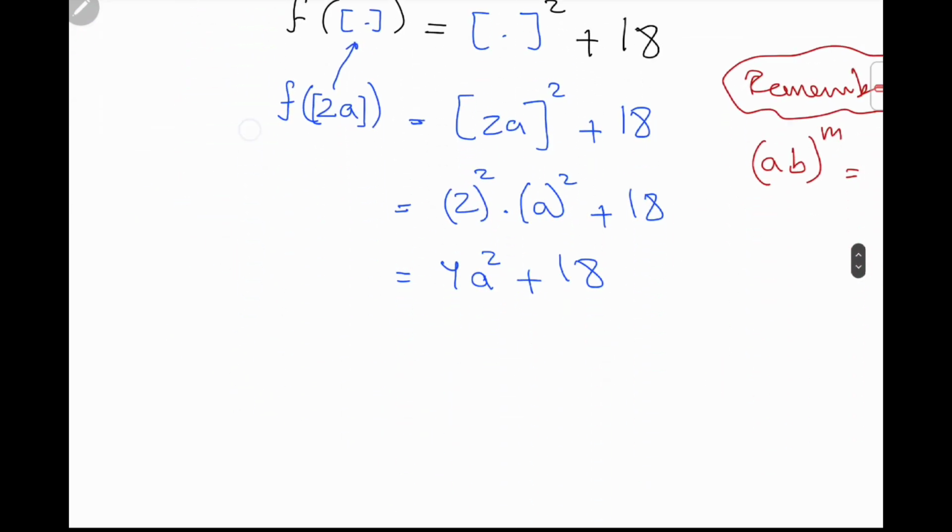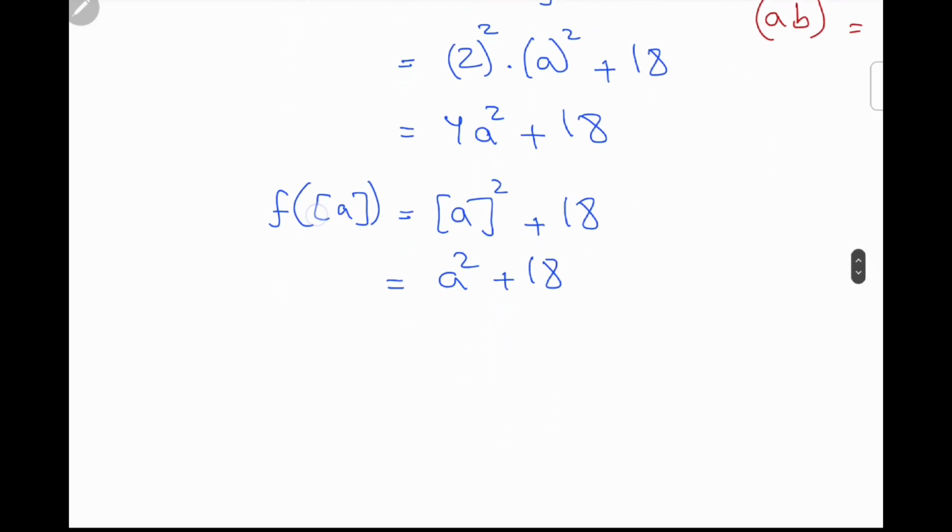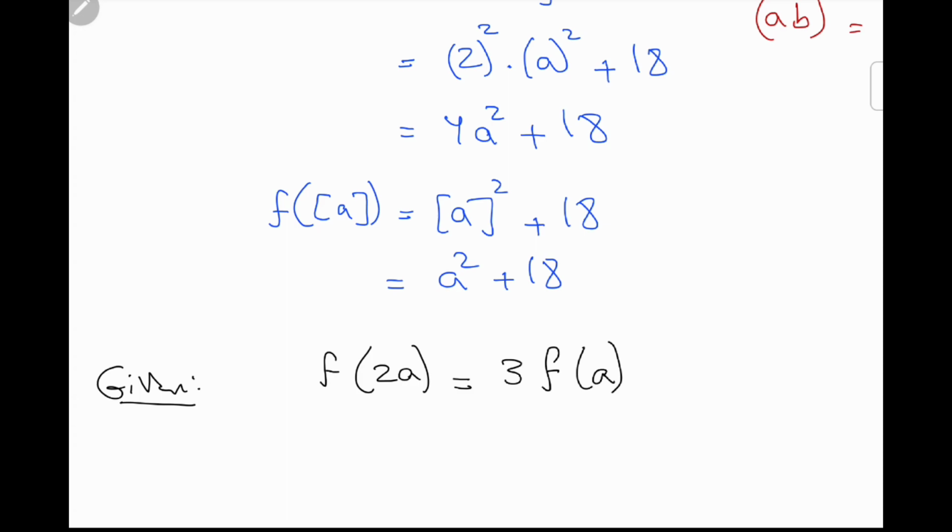Equal to 3f of a. So what's f of a? For f of a, just replace the bracket by a, and this will be equal to a squared plus 18. So it is given that f of 2a equal to 3f of a, and we need to solve for a.